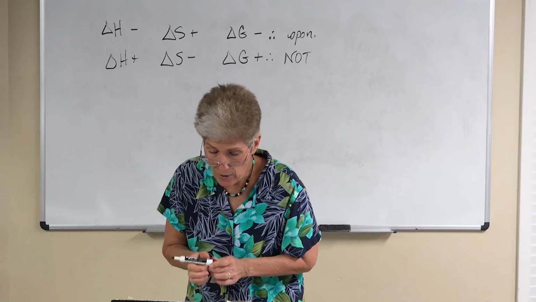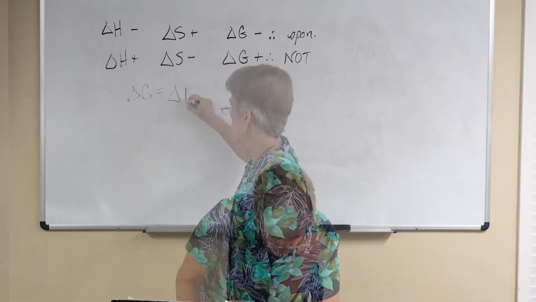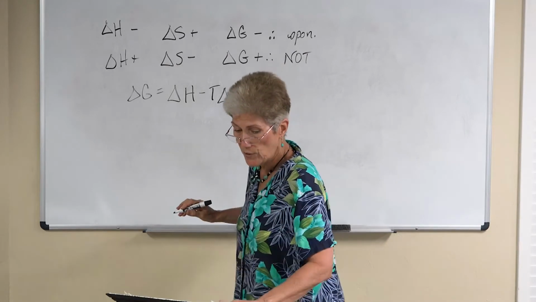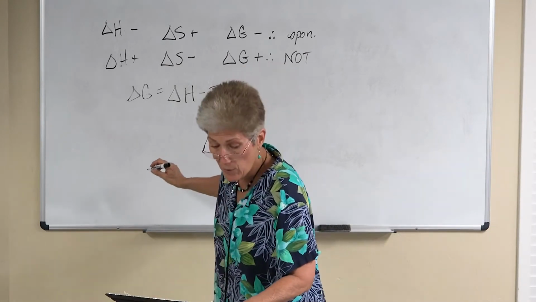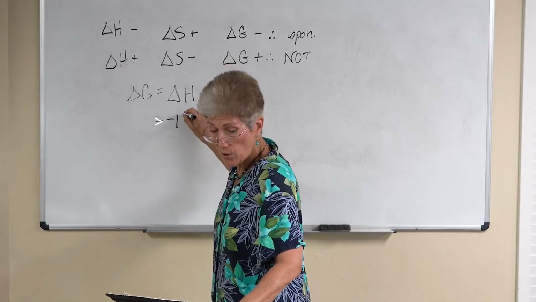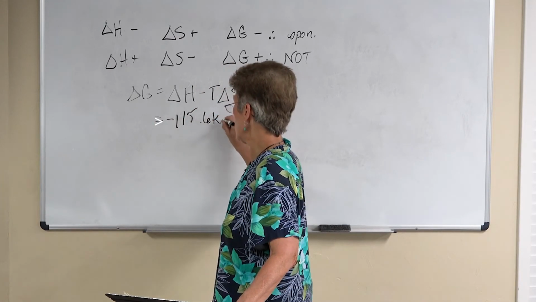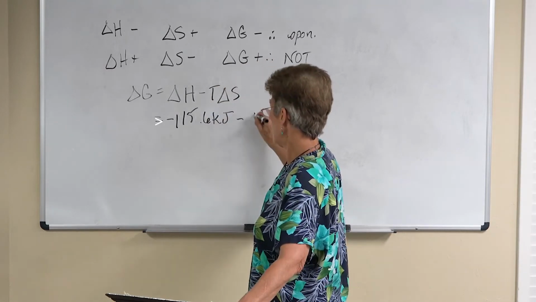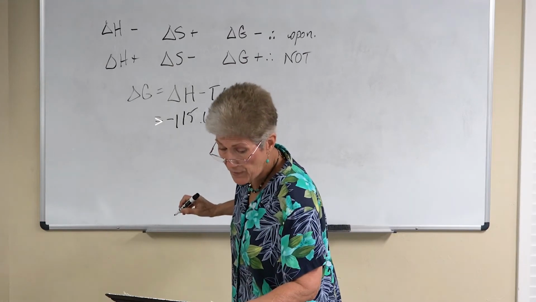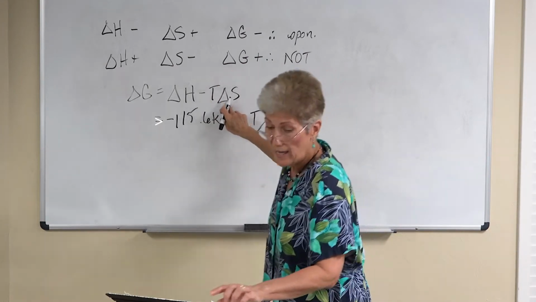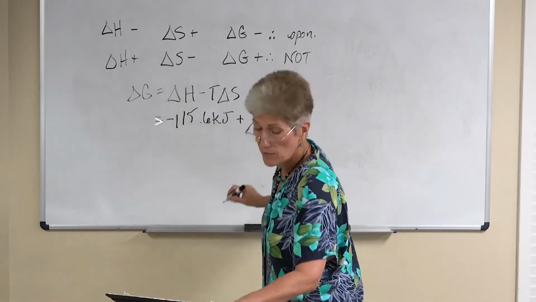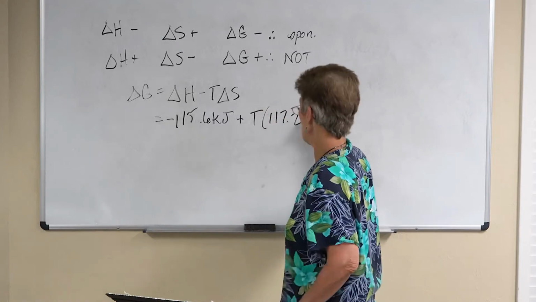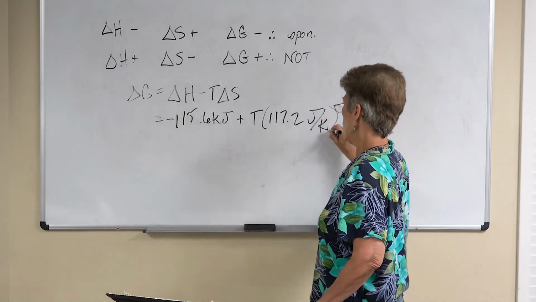So on A, we are going to use enthalpy minus T times the entropy. Okay, so let's do that for A. So for A, we have negative 115.6 kilojoules minus T times a negative entropy, so we're going to make this whole thing a positive, 117.2 joules per Kelvin.